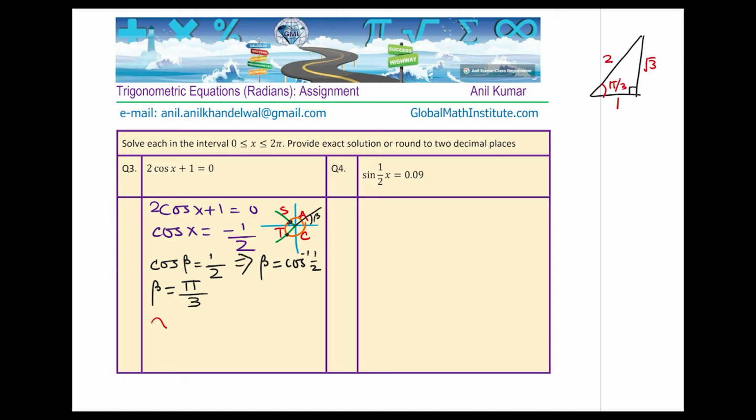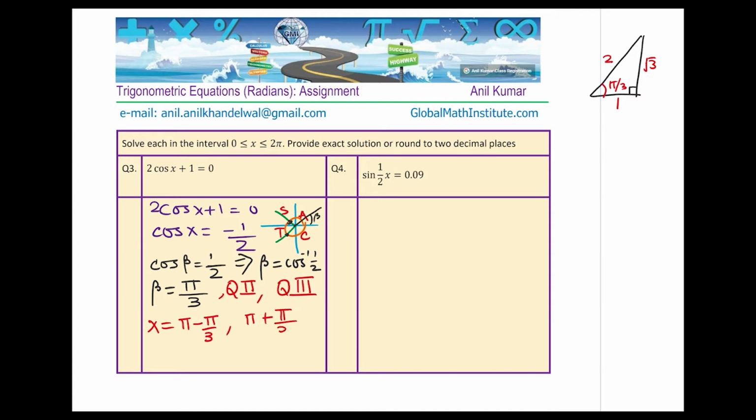So that becomes one of the solutions. Here, the related acute angle is pi by 3, but we are looking for cos of minus half, right? We are looking for solutions in quadrant 2 and in quadrant 3. In quadrant 2 and 3, as you can see, the answer will be x equals pi minus pi by 3 and pi plus pi by 3.